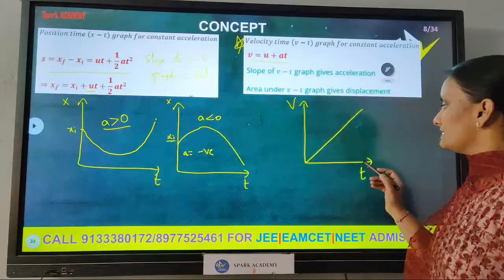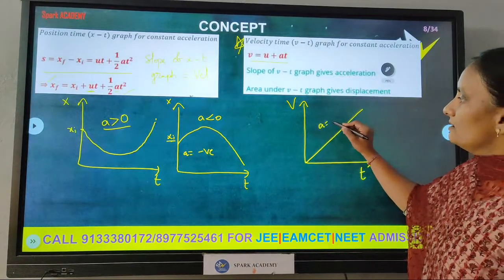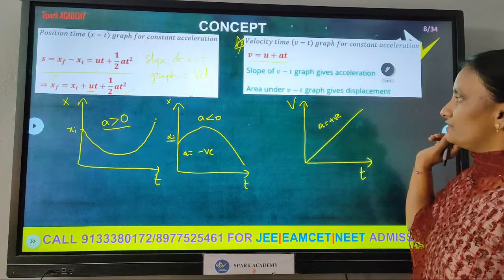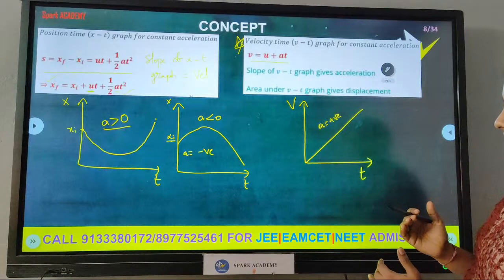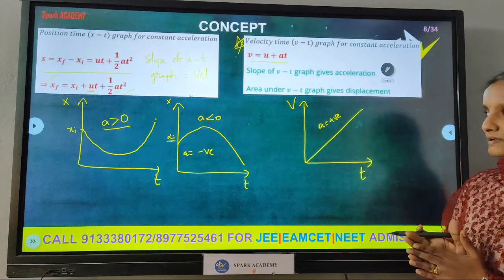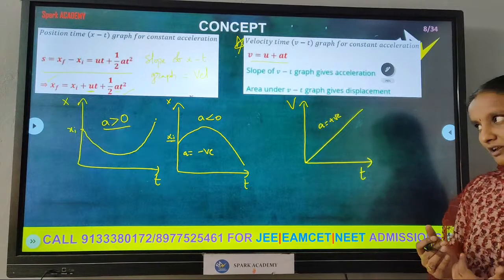As time passes, velocity is increasing, so it is positive acceleration. When a body speeds up, acceleration will be positive. Always keep this in mind.